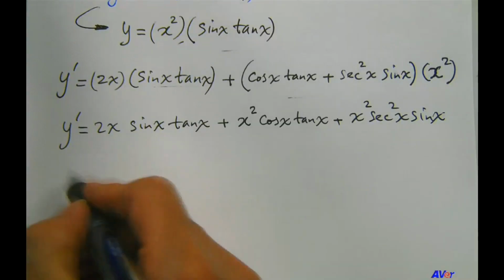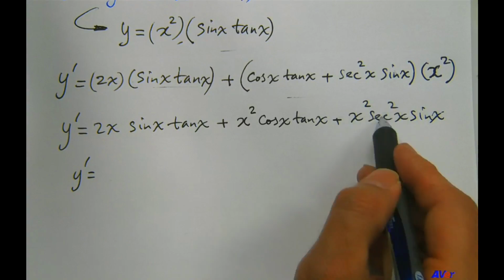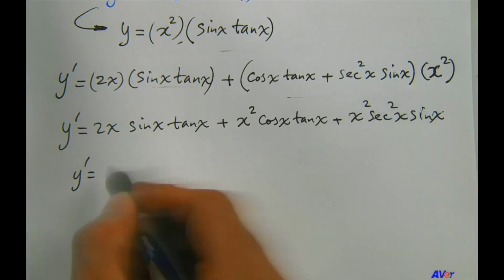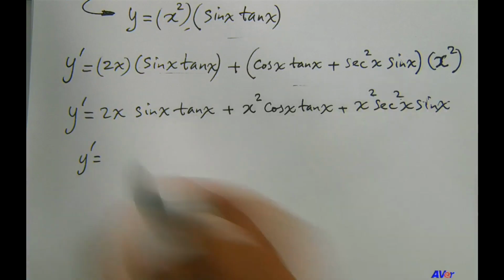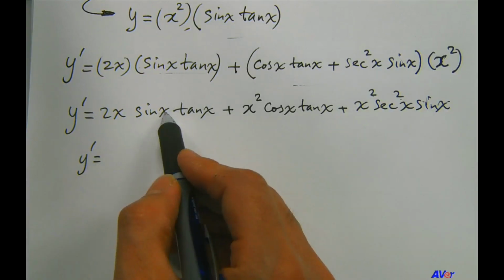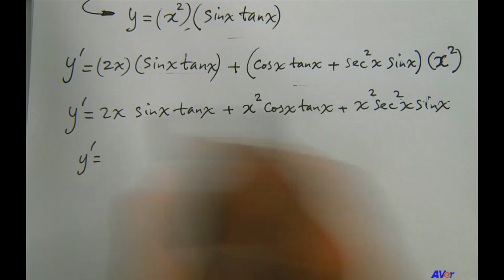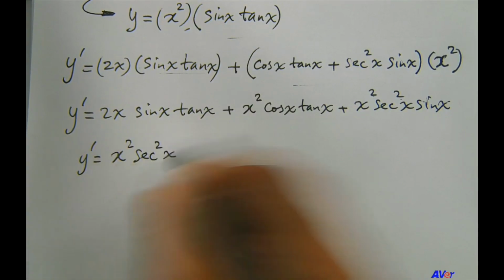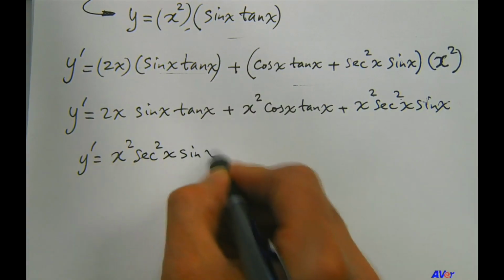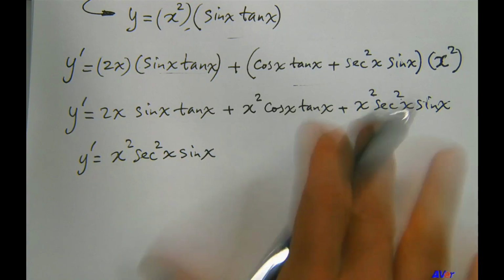So let's do that. So y prime is equal to, let me put this with the highest power first. So I'm going to move this and put it first because the terms have the highest power. So I want to organize this. And I'm going to put this last, and this one has x to a higher power. So I'm going to go this, this, and then that. So x squared secant squared x sine of x, then this one. But I want to rewrite it so we can simplify it.